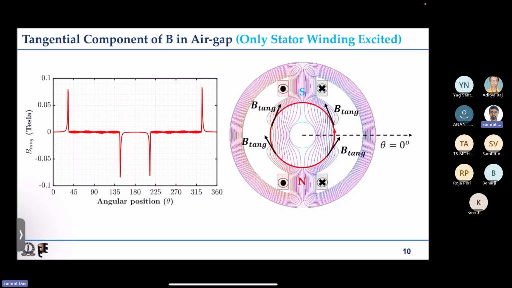So this is the tangential component of B. It can be seen that under the pole it is 0, and again under the other pole it is 0.